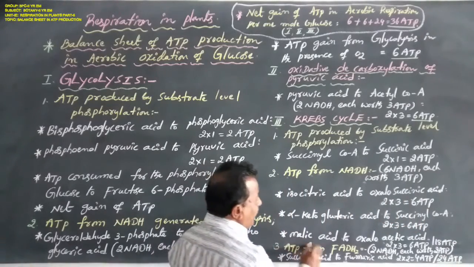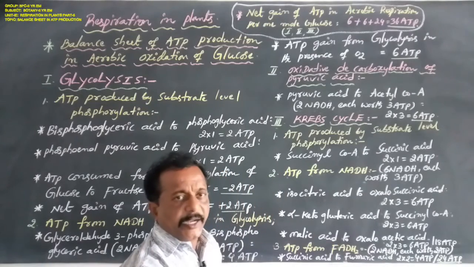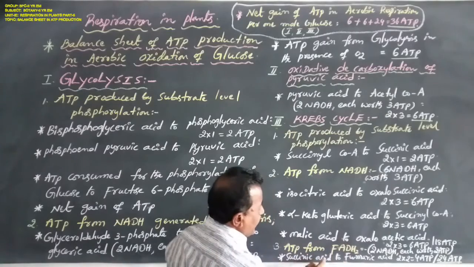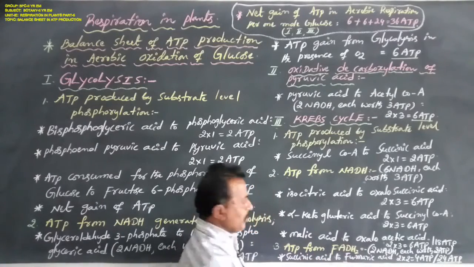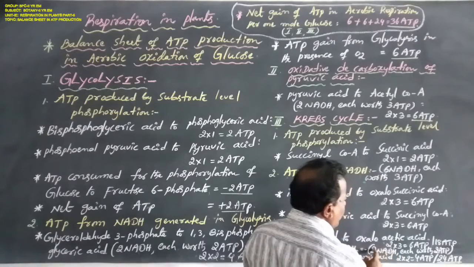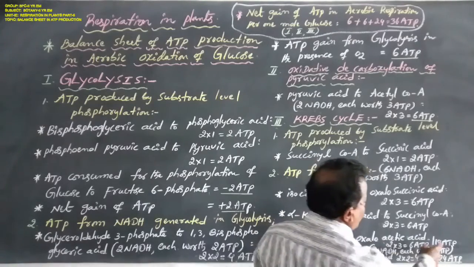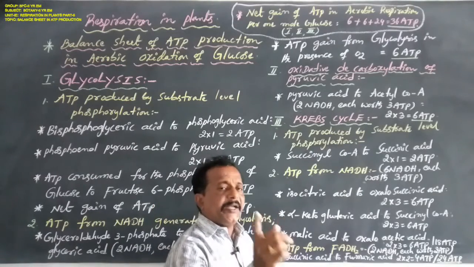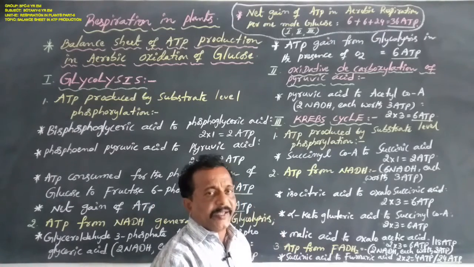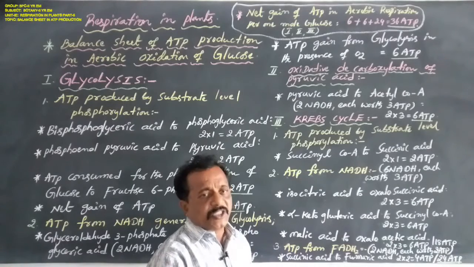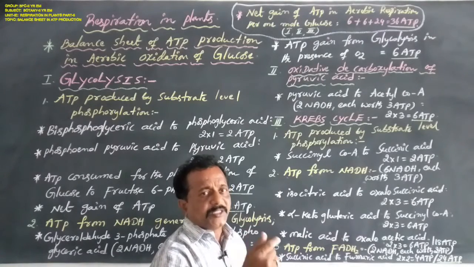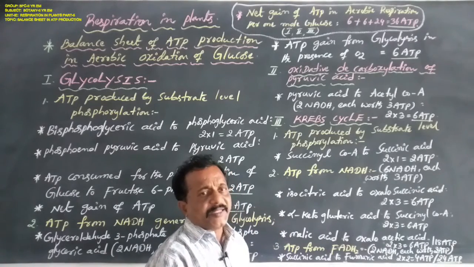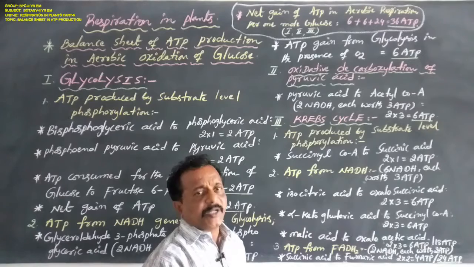Third, ATP from FADH2, generated between succinic acid and fumaric acid. 2 FADH2 are generated, and each gives 2 ATP, not 3 ATP. Only for NADH, one NADH equals 3 ATP, especially in the second step, oxidative decarboxylation of pyruvic acid, and the third step, Krebs cycle.